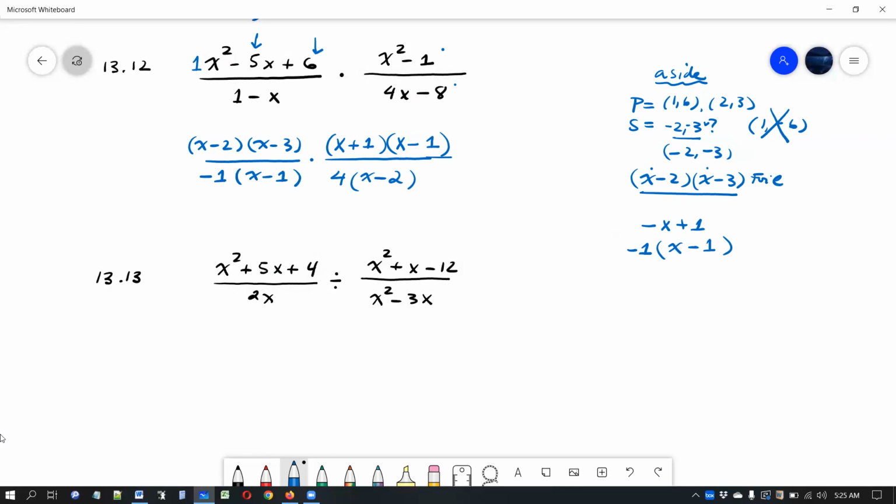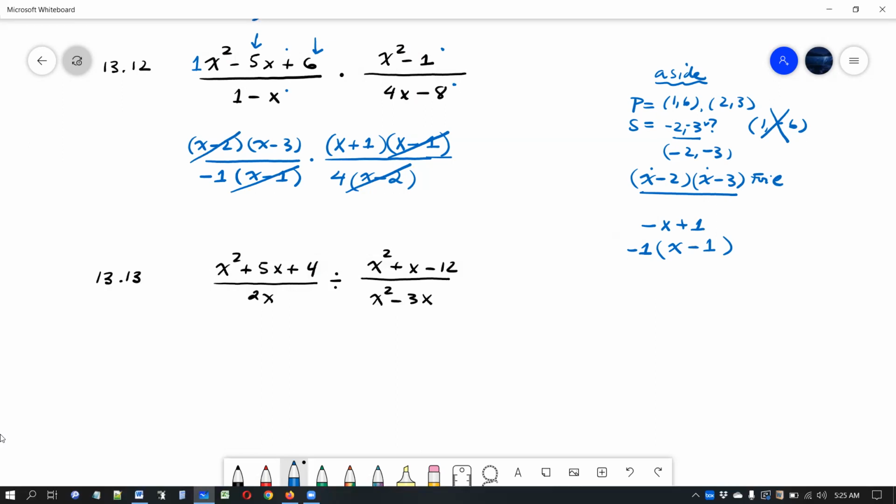Now, everything is completely factored. This numerator is factored, this numerator is factored, this denominator is factored, and this denominator is factored. And notice, I am not multiplying anything. I leave it in multiplication form because now this x minus 1 cancels with this x minus 1 on opposite sides of the fraction. This x minus 2 cancels with this x minus 2.